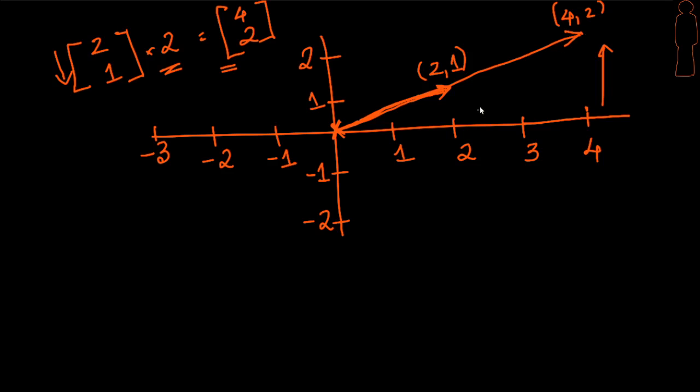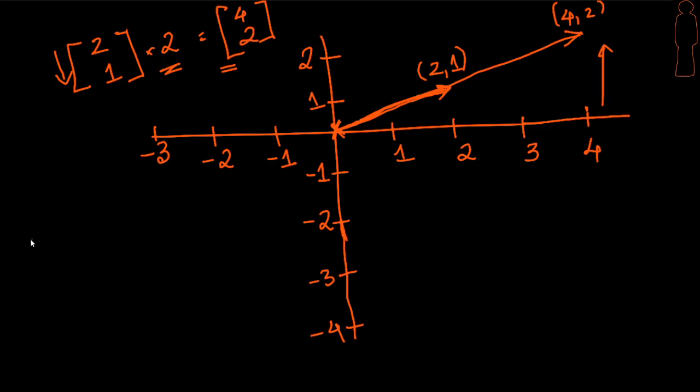Now we notice something very interesting. We see that the vector (4, 2) and the vector (2, 1) are pointing in the same direction. In fact, the vector (2, 1) is overlaid on the vector (4, 2).